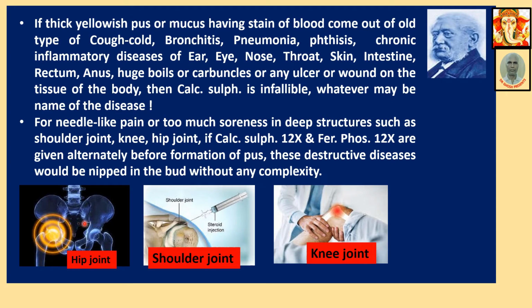In that phase, Calcarea Sulph 12x and Ferrum Phos 12x are the medicine. But when there is formation of pus already, then Calcarea Sulph 12x and Kali Mur 12x should be given. Higher potency, 30x, 200x, may also be required. But if you give it in the starting phase, then the disease will be nipped in the bud without any complexity.